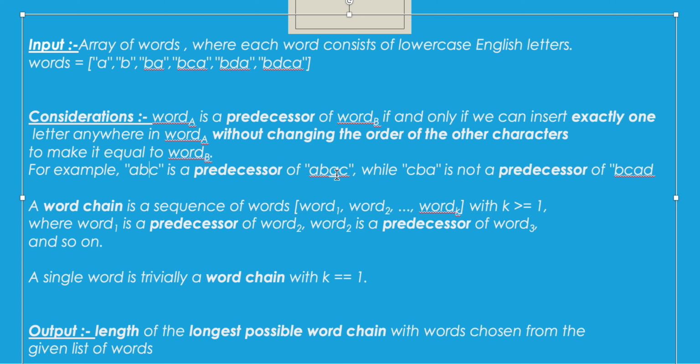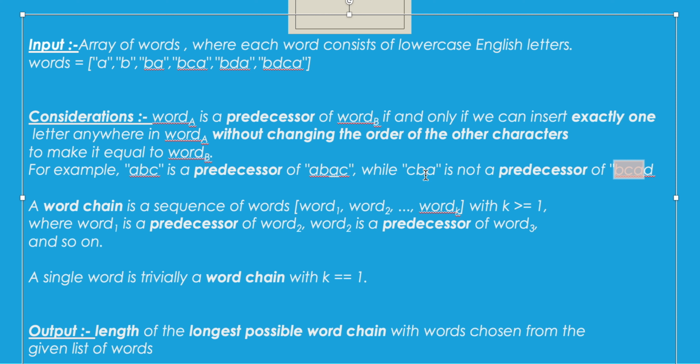Second, we can insert exactly one letter anywhere in word A without changing the order of other characters. So that's an important point here. Example of this is CBA is not a predecessor of BCAD because in BCAD, D is inserted at the end, but CBA character sequence is not equal to BCA.